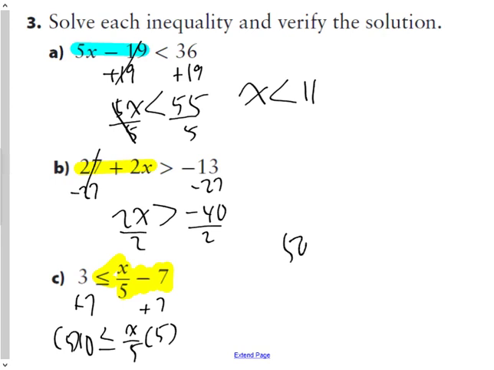And 50 is less than or equal to x, or a better way to read it is x is greater than or equal to 50. Just read it backwards. You can rewrite it if you want. So any value that is greater than or equal to 50 will make this inequality true.